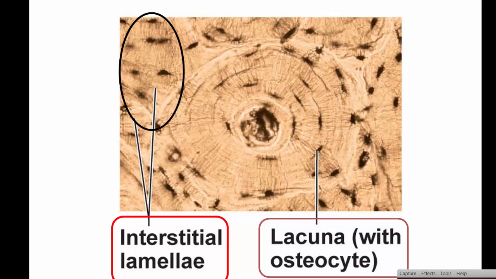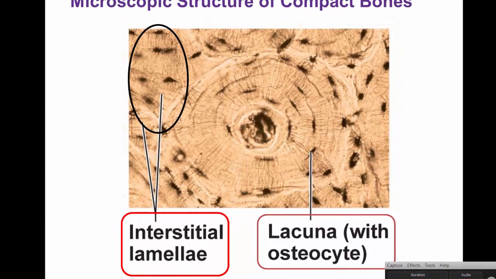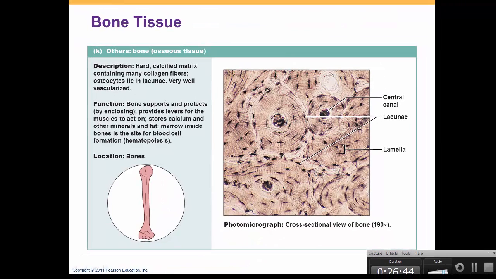So the interstitial lamellae are basically lamellae that are not taking any organization. They're just between 2 or 3 or 4 different Haversian systems. Again, here is my cells here, osteocytes. These are my lamellae, and these are my central canals.